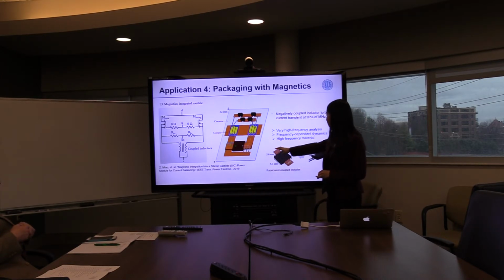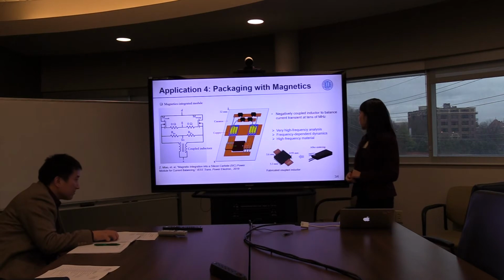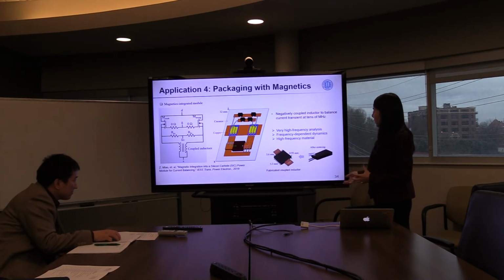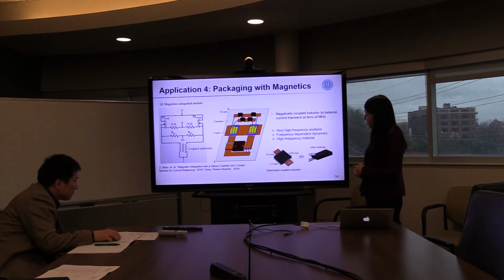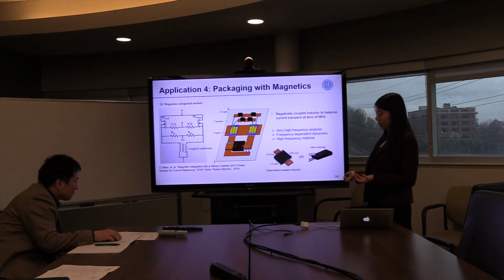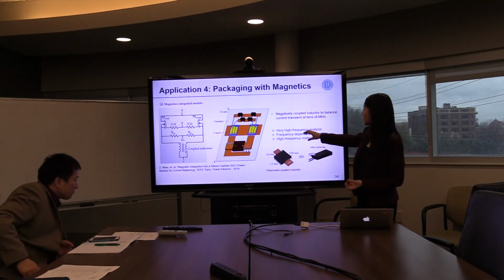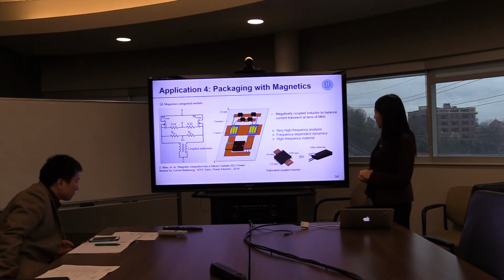This negatively coupled inductor is made of PCB windings and an LTCC core. This shows a direction that, for some packaging related topics, we can use magnetic materials to partially solve these issues coming from active devices.